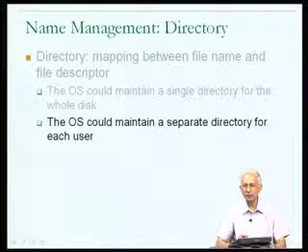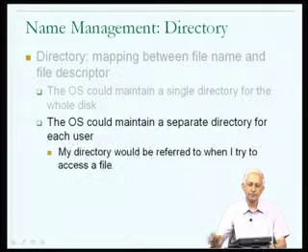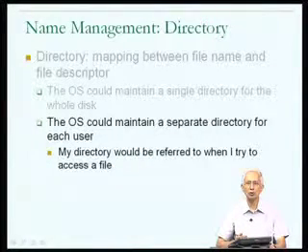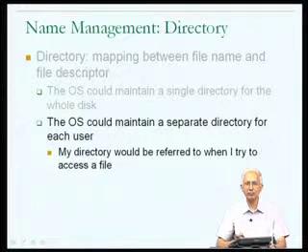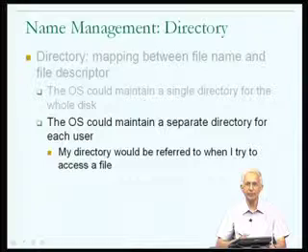Now once again, we understand that under this mechanism, there could actually be many files called program.c on a particular disk, because each user could now have a file called program.c. And when a program which I have written tries to open a file called program.c, the operating system would know that it has to look for the mapping information relating to program.c in the directory associated with me as a user.